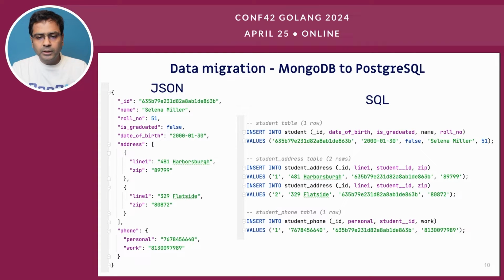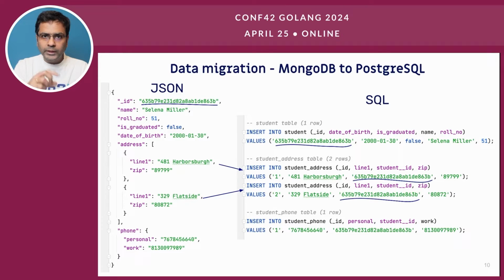If you think about how it translates from JSON to SQL, this is how it looks. For the ID field in Mongo, we are going to create an insert record in the student table. The same ID will then get replicated as a foreign key of sorts, as the student underscore ID column in the address table in Postgres, and the same for the phone record.